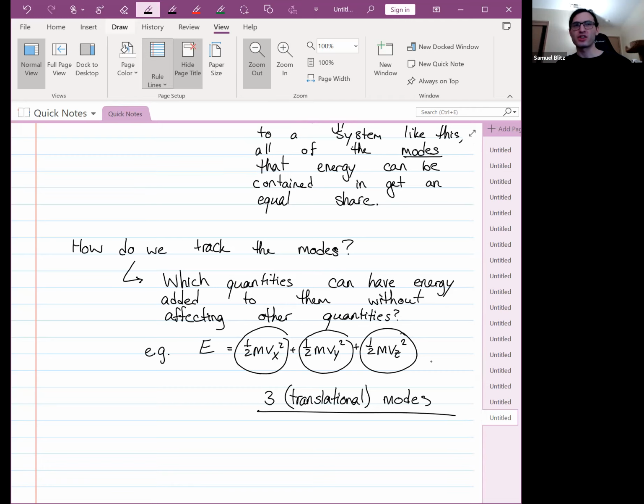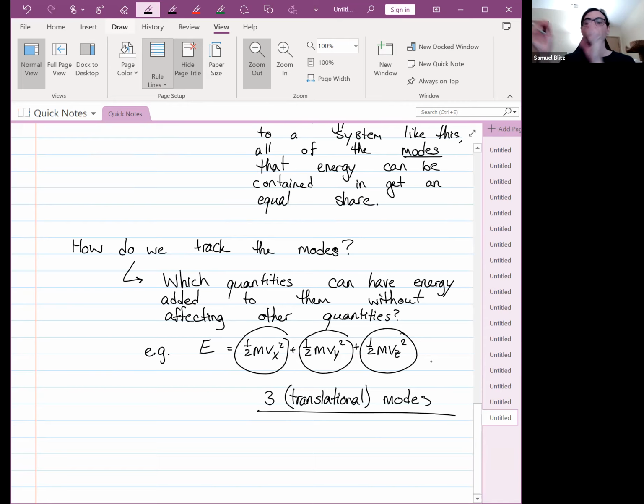And by the way, this notion has already been used. In our previous calculation last time, we used this fact that the pressure was the same in all 3. Go back and look at the notes, but the pressure was equal to 1/v times the sum of mi times vix squared, but it was the same for 1/v times the sum of mi times viy squared, and the same for viz squared.